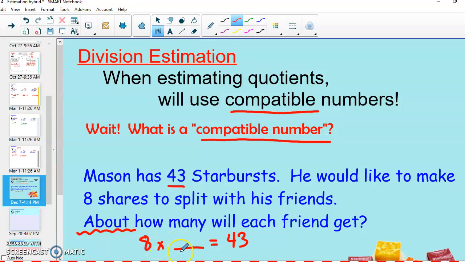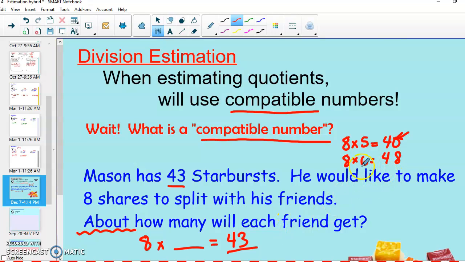But I do know that there are some numbers that would be pretty close to 43. So just like in that last slide, I said that 8 times 5 equals 40. Now if I go one further and say 8 times 6 equals, well, that's 48. And so 43, this number down here, is closer to 40.